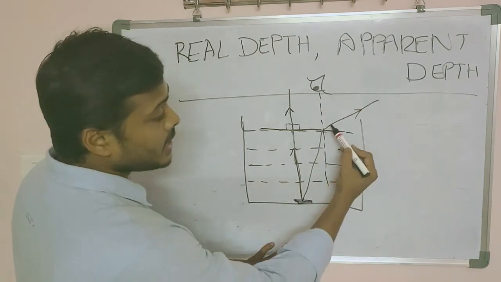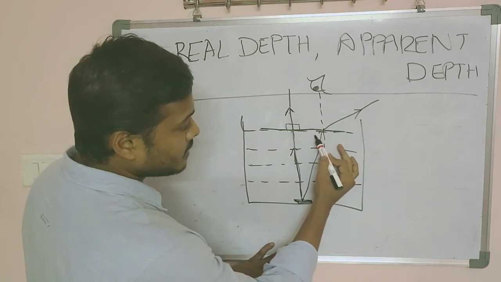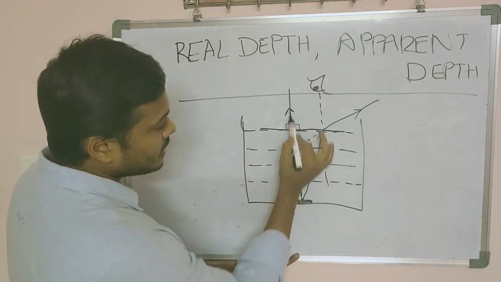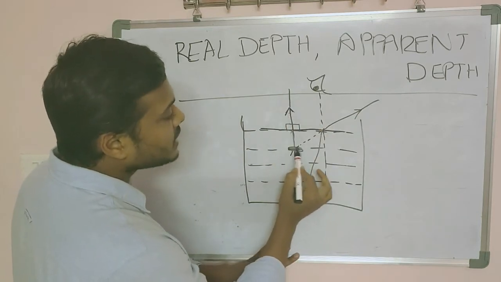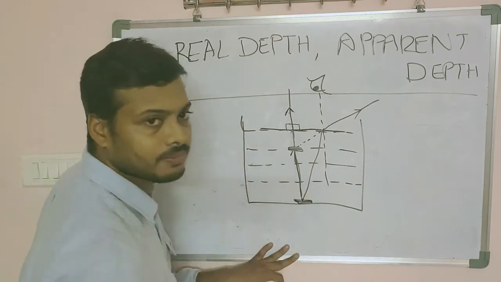And now if we project this light ray backwards, it meets the other light ray here. So the image actually appears to be situated here.